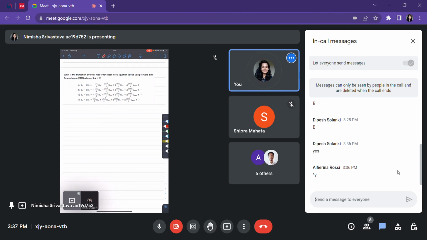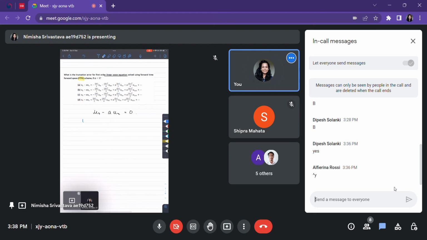So this is the FTFS scheme. Let's have a look at what FTFS means. FTFS is forward time, forward space. So the forward time, forward space scheme looks like this. Let's just write down the equation, because they've asked us for the linear wave equation once again. That is u_t minus a u_x equals 0.